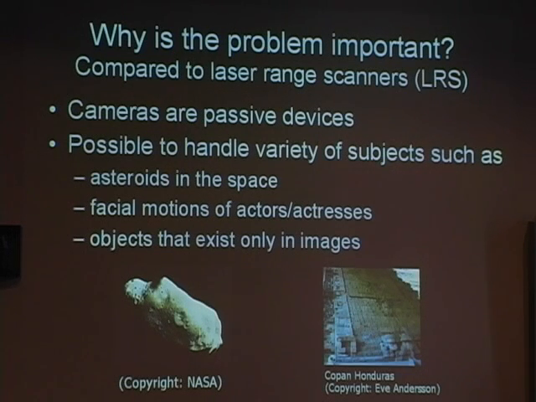They're black and white images, but we can use them for 3D reconstruction. Actually, one of my colleagues has done that. But you cannot use a laser range scanner to capture this structure from 100 years ago, because you didn't have laser range scanners back then, and you don't have a time machine to ship a laser scanner back 100 years. So there are situations where you want to use cameras instead of laser range scanners.